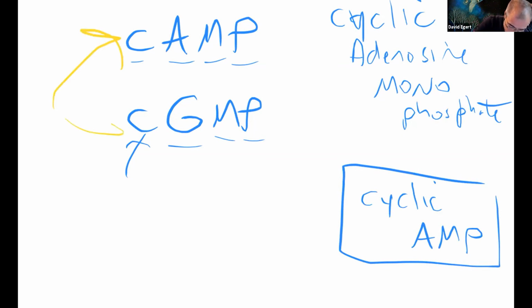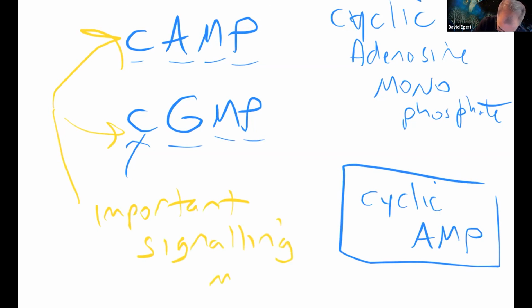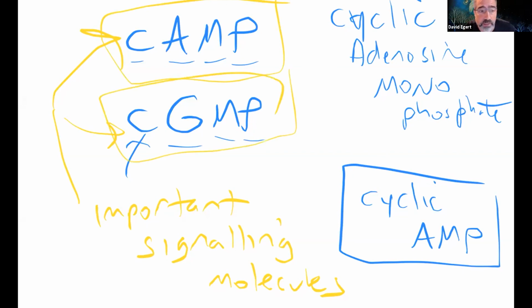These have a very different role from everything we've been talking about. These are important signaling molecules. They are not about providing energy or anything like that. However, when we get to signal transduction in the coming weeks and talk about how a neurotransmitter binds on a neuron and then something happens, that process of something happens involves cyclic AMP or cyclic GMP.